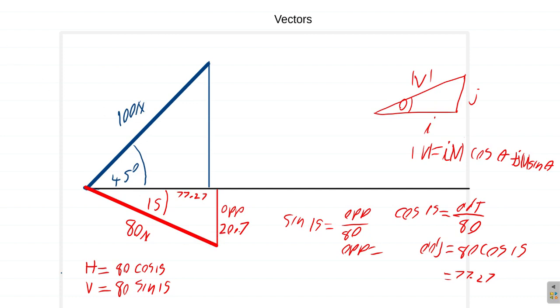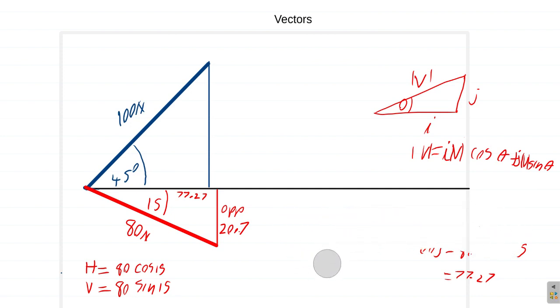What about the top one, the blue vector at the top? Let's do the calculation for that. This length is the opposite. So sine 45 is the opposite over the hypotenuse 100.